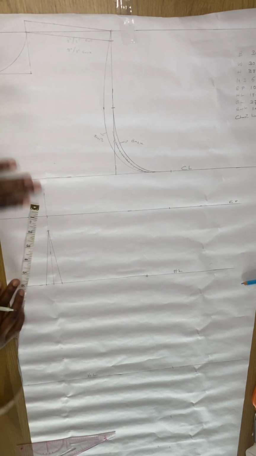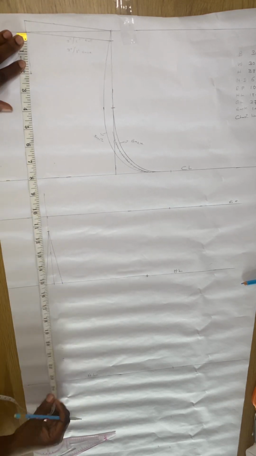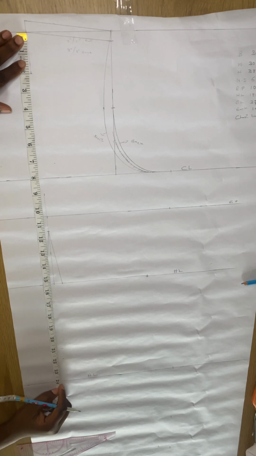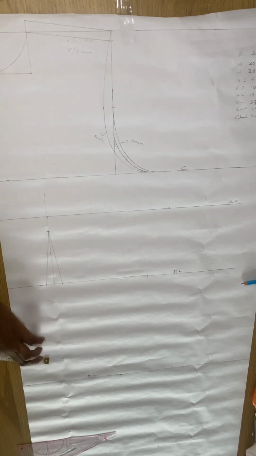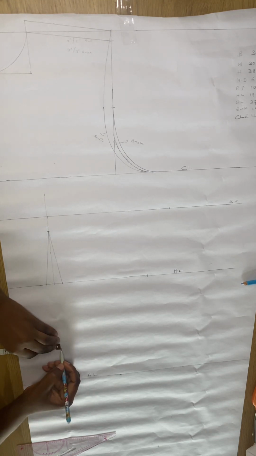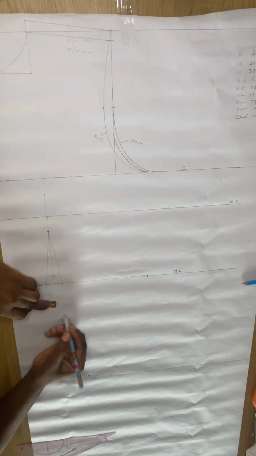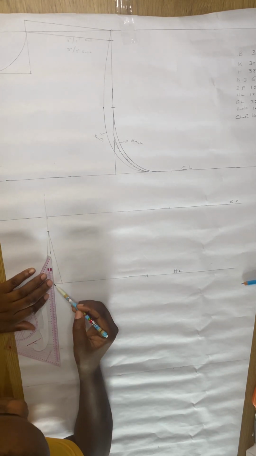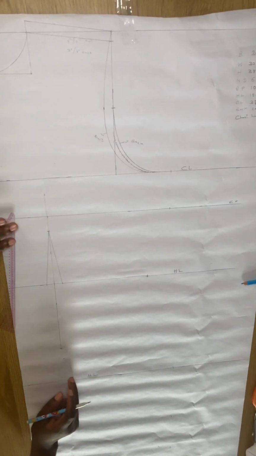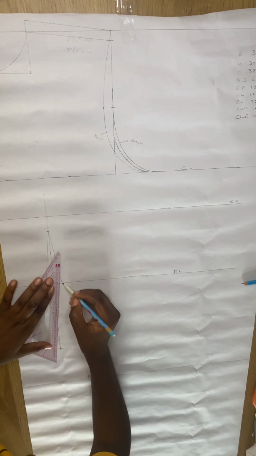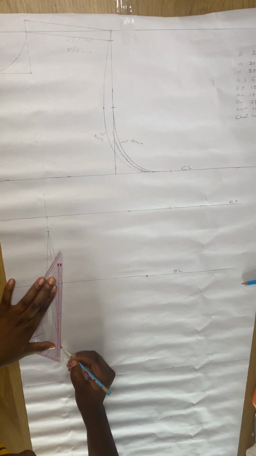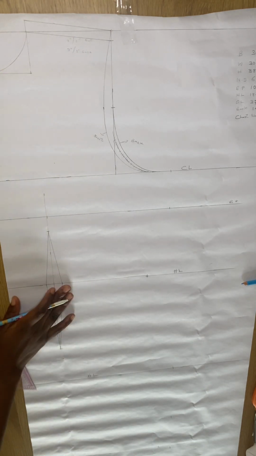Let's say 3 inches is fine. 3 inches is okay. Not a straight line, connect it. Okay. So now to this 3 inches above the hip line, we connect it. So there you go. Now this is like that.